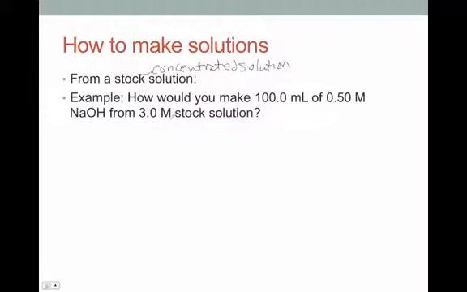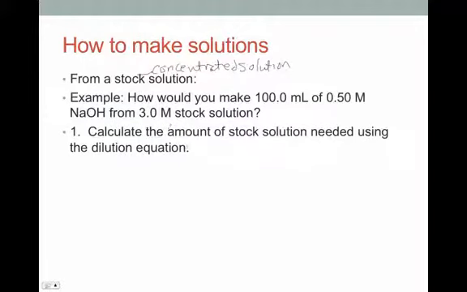So the first thing we need to do is calculate the amount of stock solution needed, and we're going to use the dilution equation for that. Just a quick reminder, the dilution equation is M1V1 equals M2V2. By amount, we mean the volume.